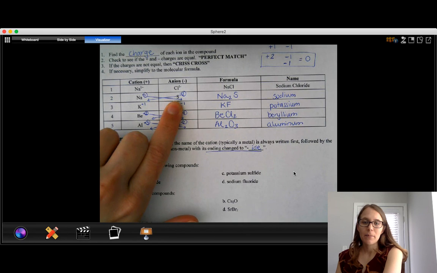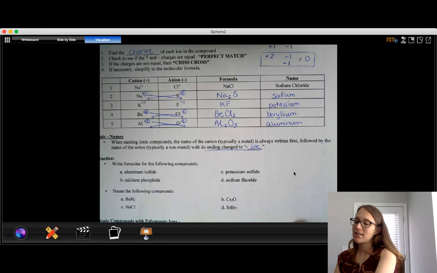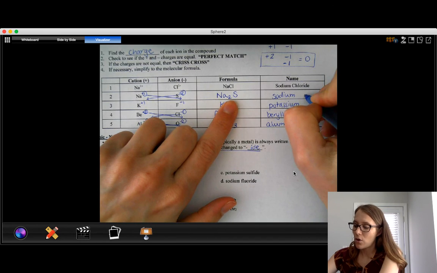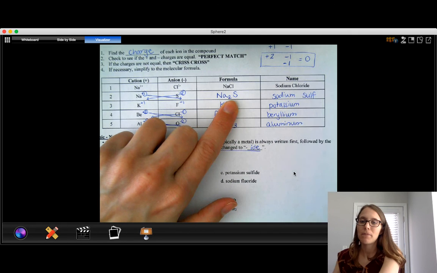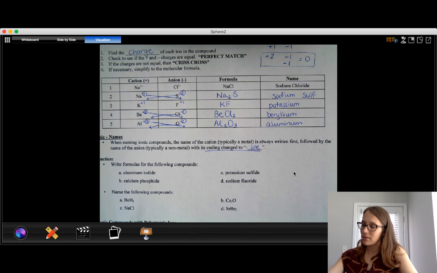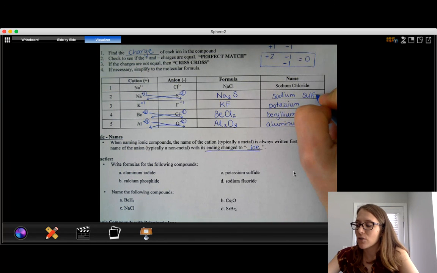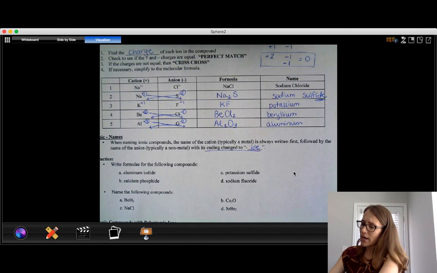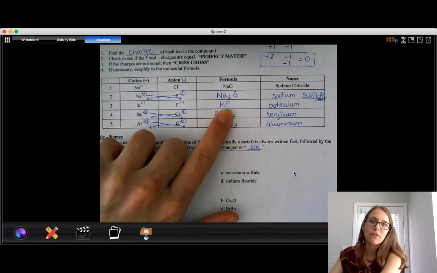Our element here is S, and so S is called sulfur. So I'm going to start with sulf, but I'm going to change the ending into ide. So instead of sulfur, I would say sulfide. For our next one, we have the element F, which is fluorine.